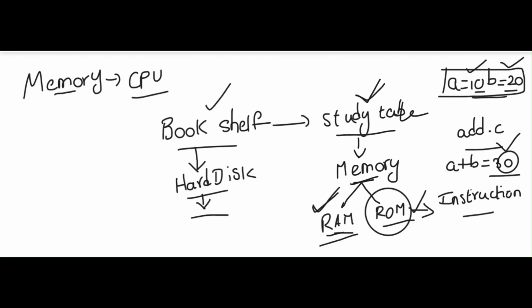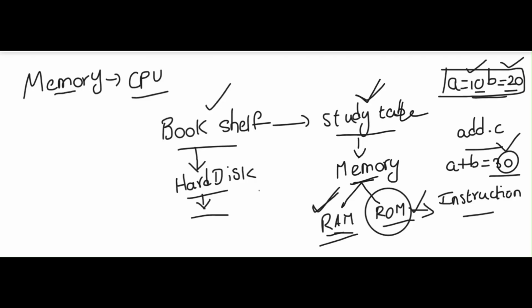Similarly, the instructions that are used to boot the computer or run the computer, load the operating system, and the instructions used to shut down the computer, all these will be stored in ROM, read only memory. You cannot touch the content which is in ROM. It is just used for the system's purpose. The system will use this ROM like an instruction manual. Using these instructions, it will boot the system and shut down the system.